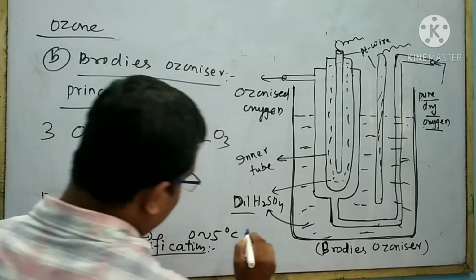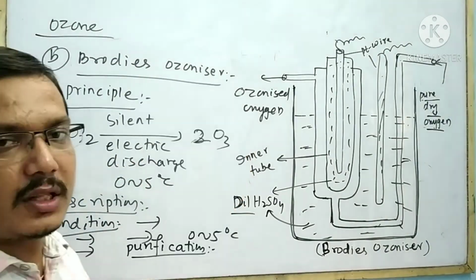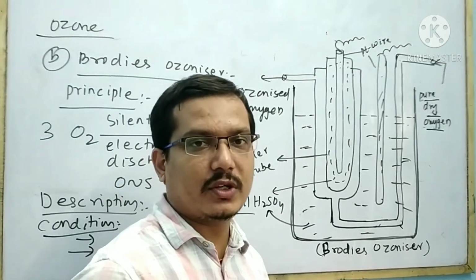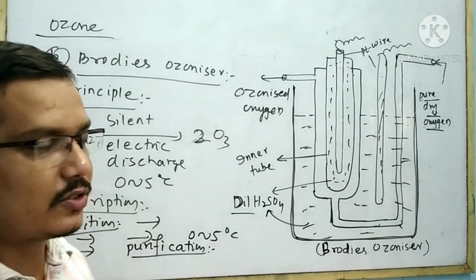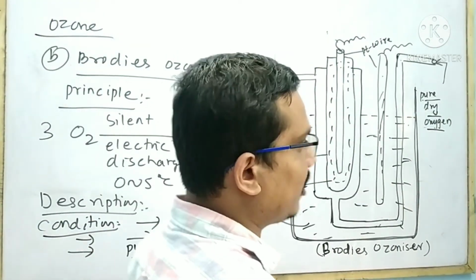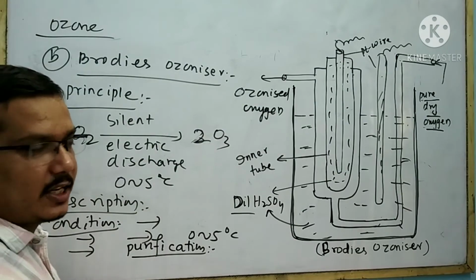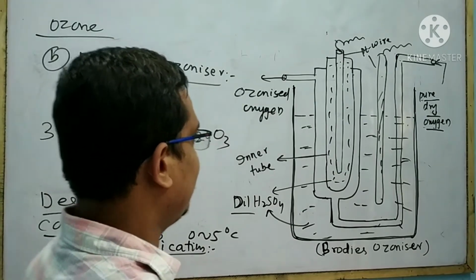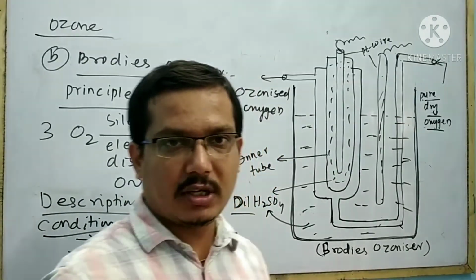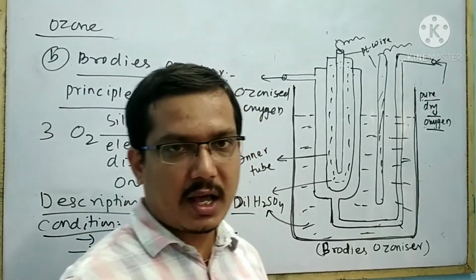The purification process is similar to the purification process of ozone in the case of Siemens ozonizer. The ozonized oxygen is purified by fractional distillation. In this process, the ozonized oxygen is cooled with liquid air.